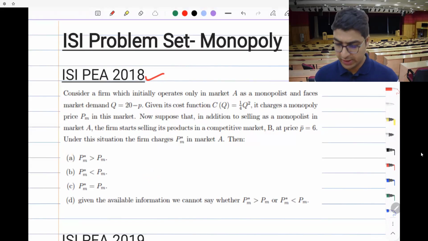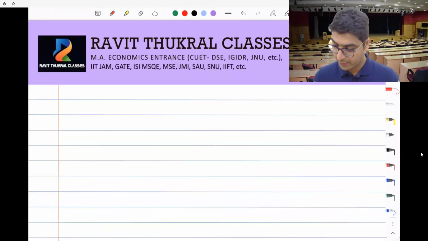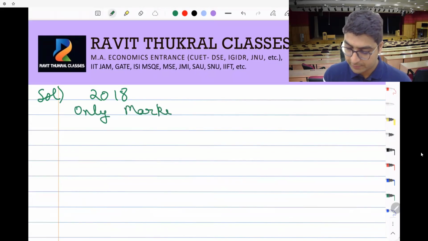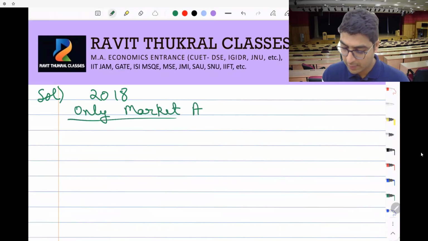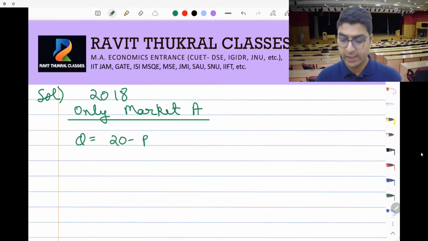Okay, so let's solve this problem. This one is from 2018. The first thing is if it operates only in market A, the quantity demanded there is 20 minus P, and what we are interested in is the monopoly price.